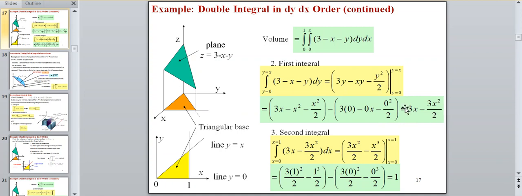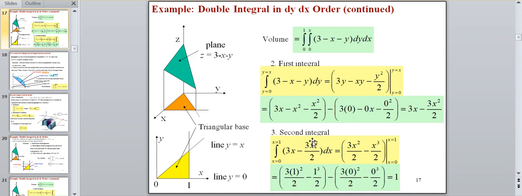Next we calculate the integral of this term with respect to x from 0 to 1. The integral of 3x is 3x squared divided by 2, minus 1/2 times the integral of 3x squared.